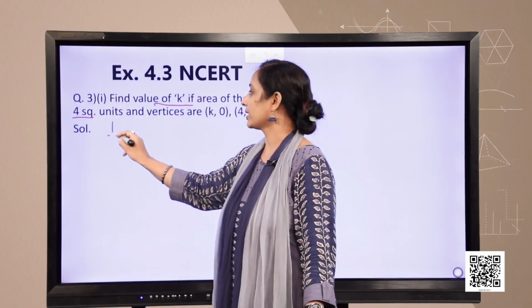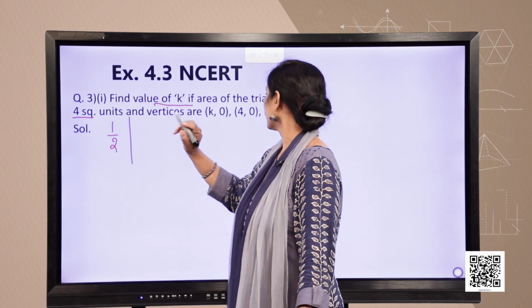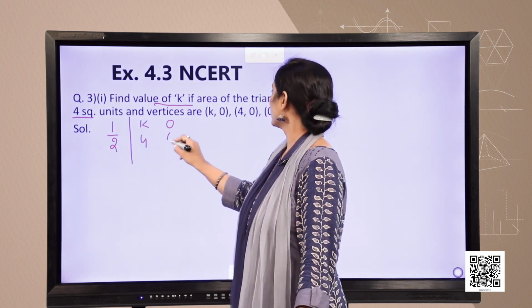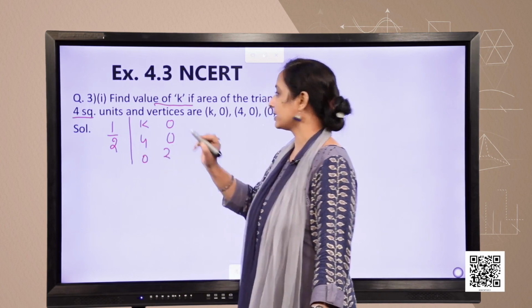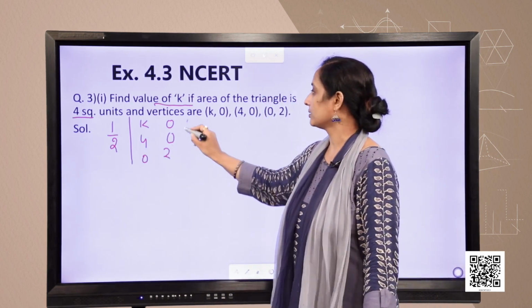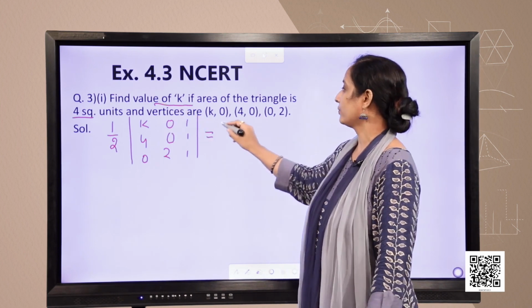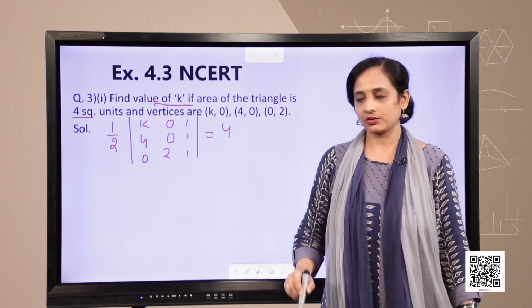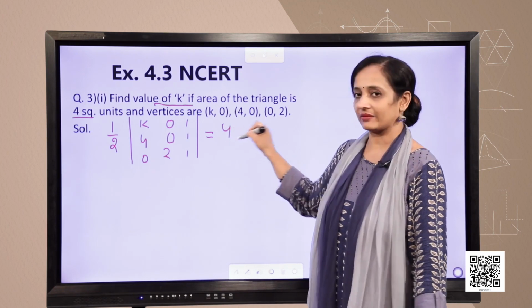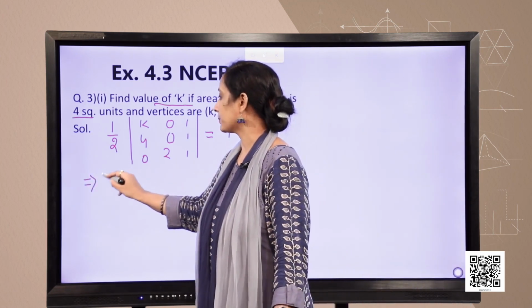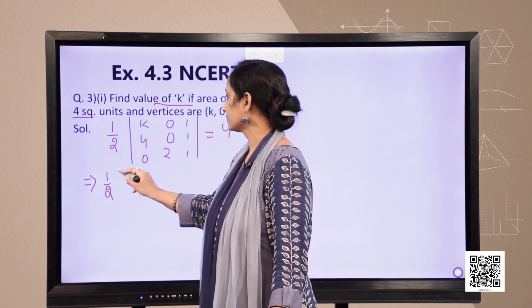So you can equate this area of triangle, write down in the determinant form, write all 3 vertices like this. To make it square, write 1 in column 3 equated to 4 square units. You remember for calculation sake you have to take plus minus, which we will be taking in the next step. This becomes half.